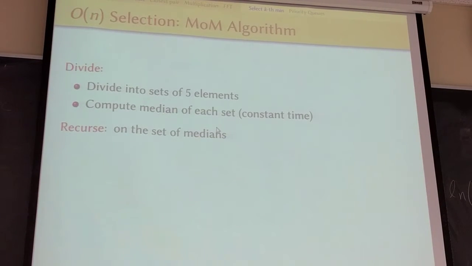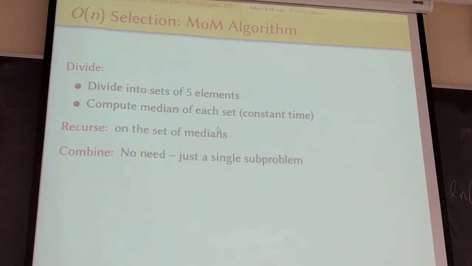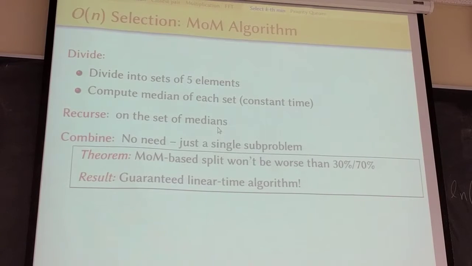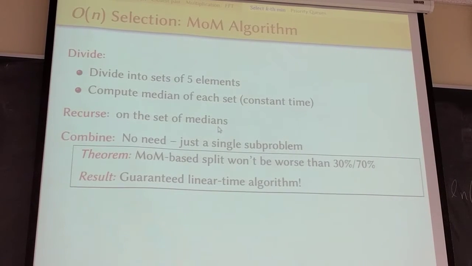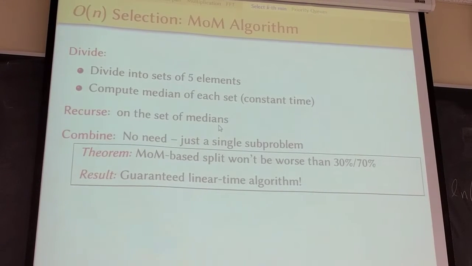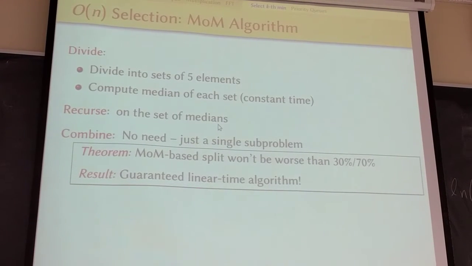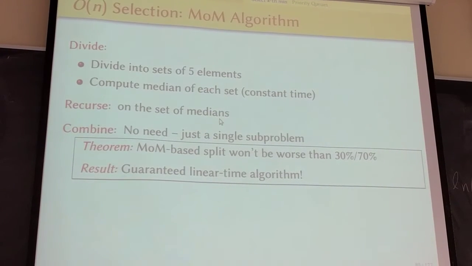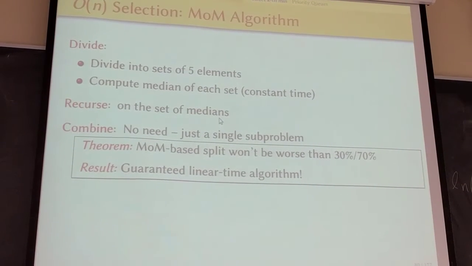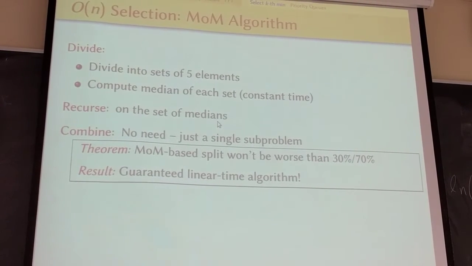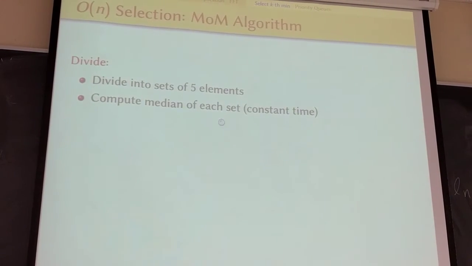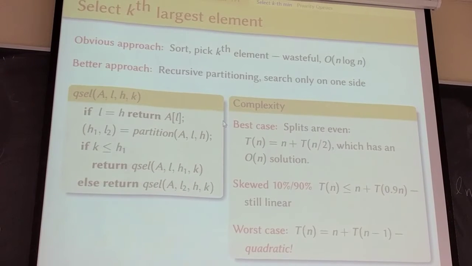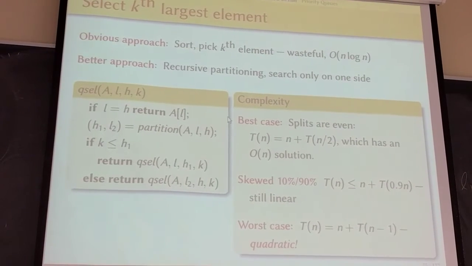Okay, and if you do this, then you can actually prove that if you use this algorithm, your splits will never be worse than 30%, 70%, and we know from the previous picture that even a 10-90% split would still give us a linear time algorithm, right?